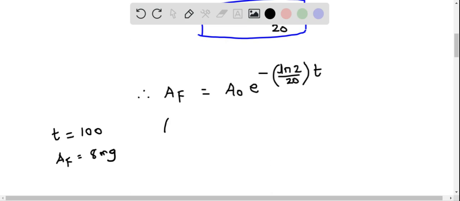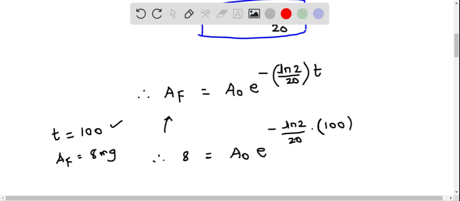Let's substitute this into the model. So A_F equals 8, without the units, and this equals A naught e raised to the power of negative natural logarithm of 2 divided by 20 times t, where t equals 100. So we replace t by 100.